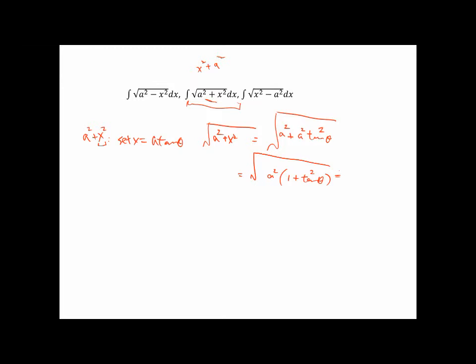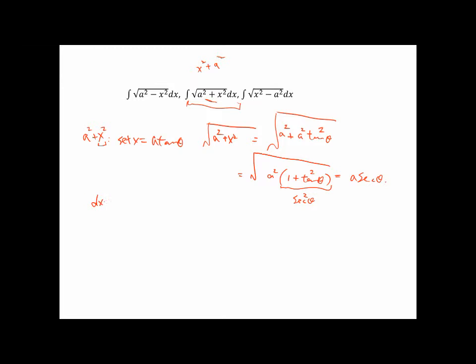This part is secant theta squared, so after getting rid of the square root, you get a times secant theta. Okay, so that is how we apply the substitution and get rid of the square root.